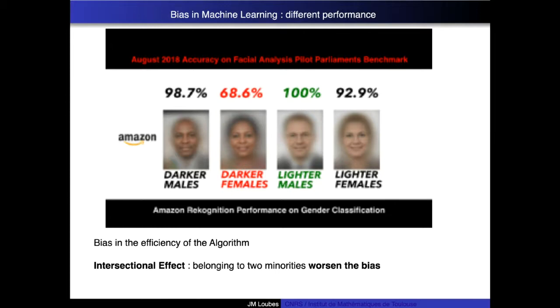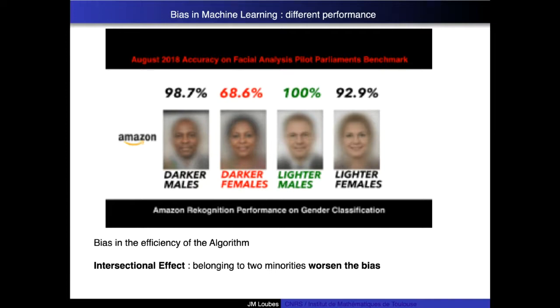If you are non-Caucasian but still male, then the accuracy of the algorithm is degraded by 1.3%, which is quite small. But if you are a female, then you lose almost 7%, which is huge if you look at the level of accuracy of this type of algorithm.